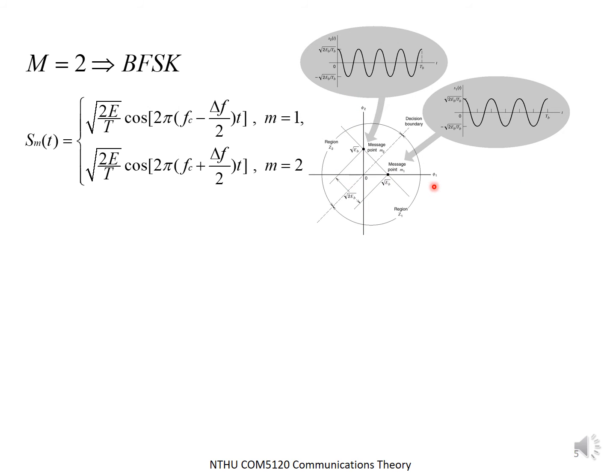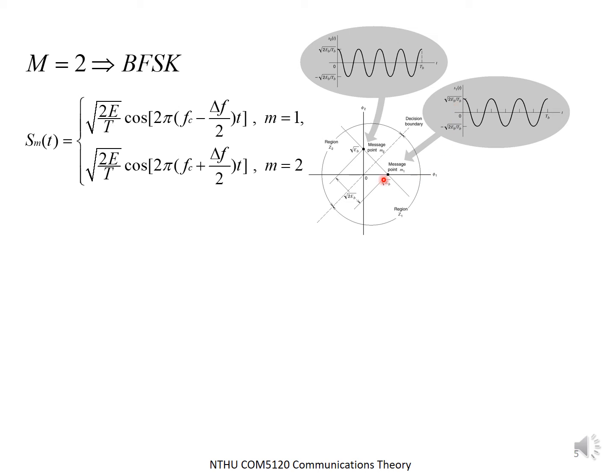We have phi 1 and phi 2, and the first waveform s_1(t) is represented by a projection on phi 1.